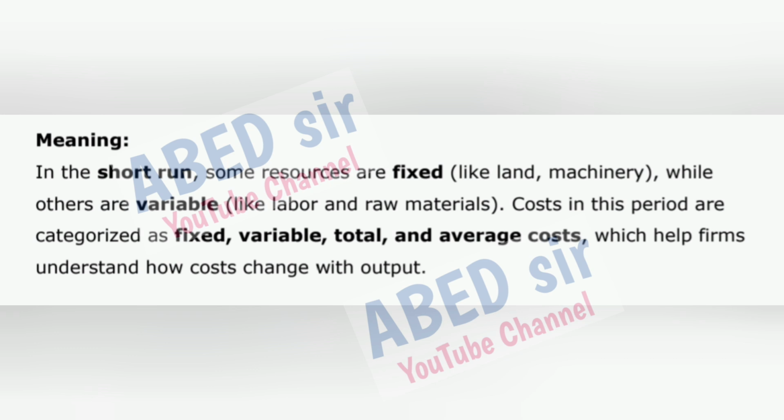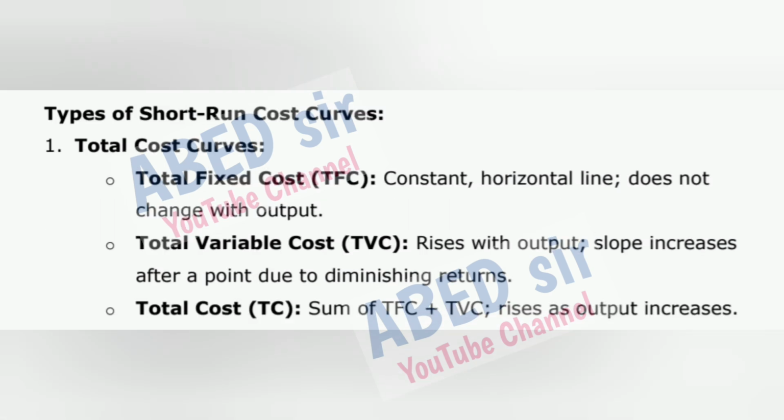Costs in this period are categorized as fixed, variable, total, and average costs, which help firms understand how costs change with output. Types of short-run cost curves. 1. Total cost curves. Total fixed cost, TFC, is constant, a horizontal line that does not change with output.